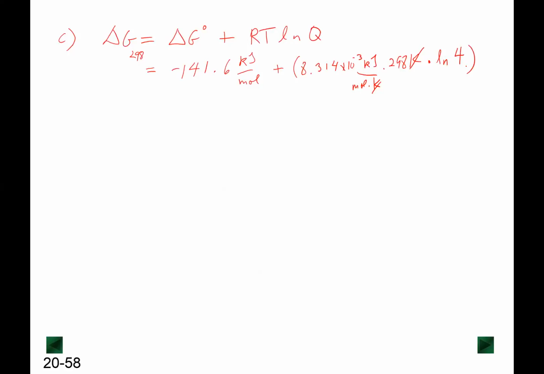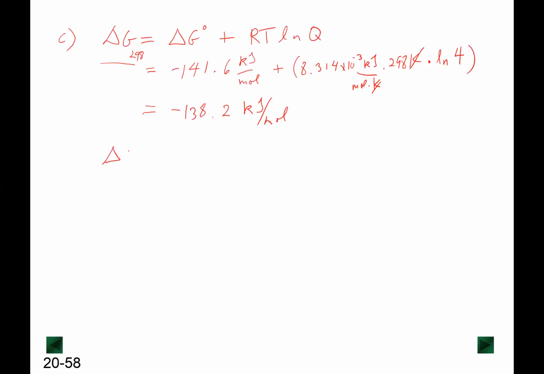And if we carry out this calculation, we'll get an actual free energy change of minus 138.2 kilojoules per mole. So that would be our actual free energy change at this temperature.